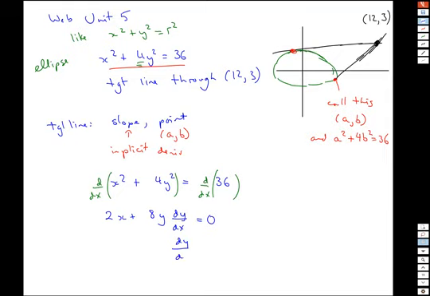And so dy dx is equal to minus 2x. Let's do it in stages. Dy dx is going to be minus 2x over 8y, or minus a quarter x over y.